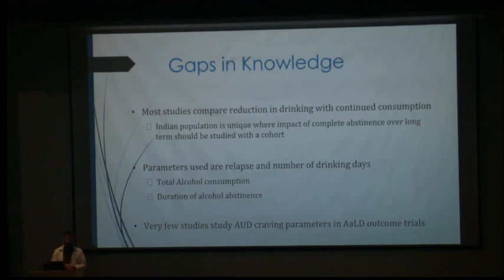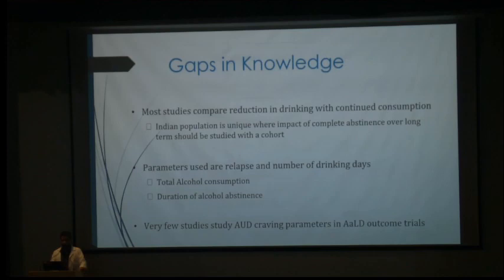But those who drink, drink heavy. So the type of challenges that we have in the Indian population are different, but the support is the family support, the amount of investment family have in patients is much higher. So we expect that response with these medications will be even better in the Indian population.